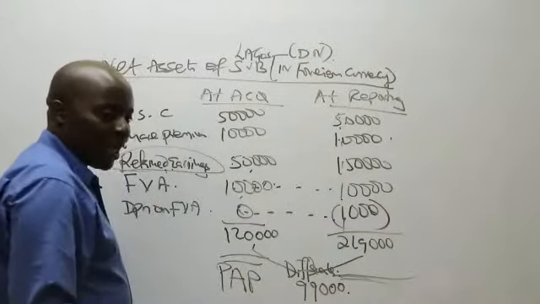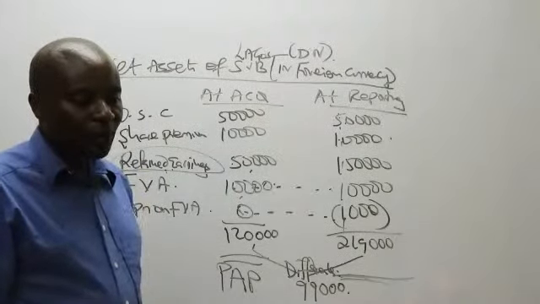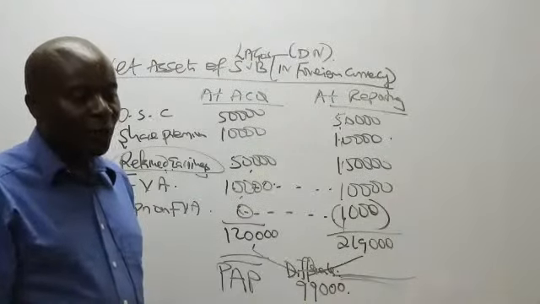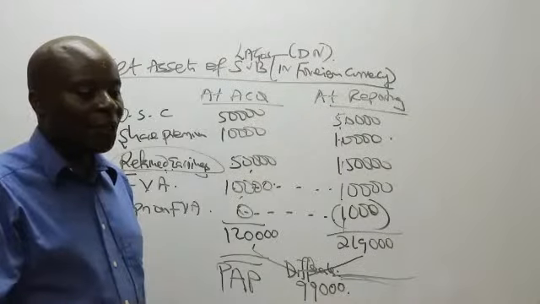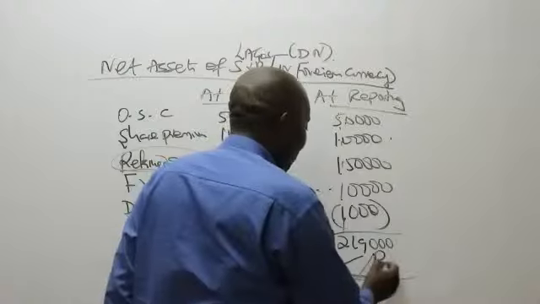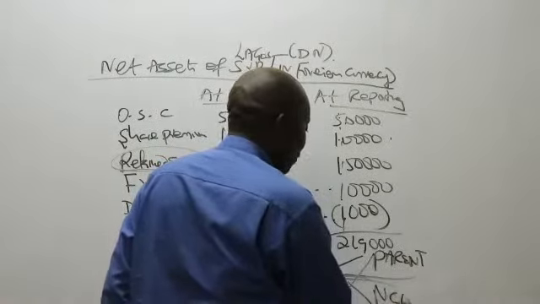And what do we normally do to the POP? We share. We split it between the parent and the NCI. So come and split this. Tell us the parent will take how much and the NCI will take how much. Very important.